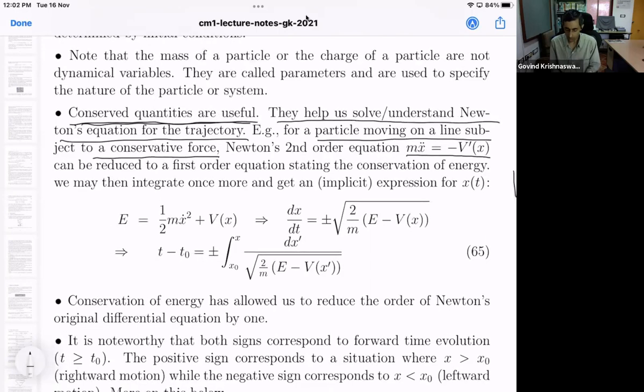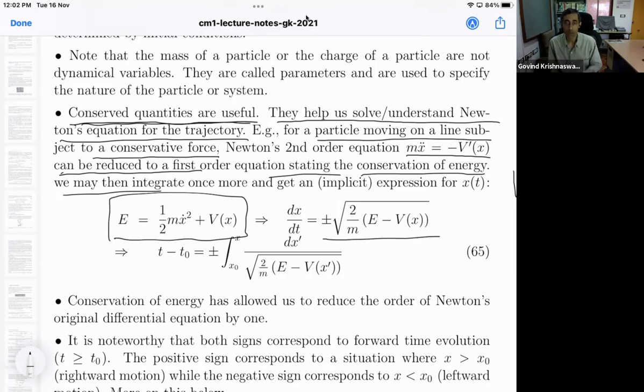Now, this equation can be reduced to a first order equation stating the conservation of energy. That was this equation, E equal to half m x dot squared plus V of x. And now that it is a first order equation, we can take x dot to one side and everything else to the other side. This is called a separation of variables.